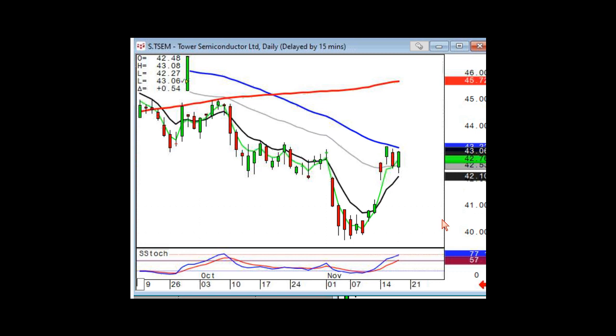If you think something will work, some people say, well, why don't you use the 10 simple moving average versus the 8 exponential? If you want to try something different, put it on. If it works, keep it there. If it doesn't work, take it off. The T line is the 8 exponential moving average.